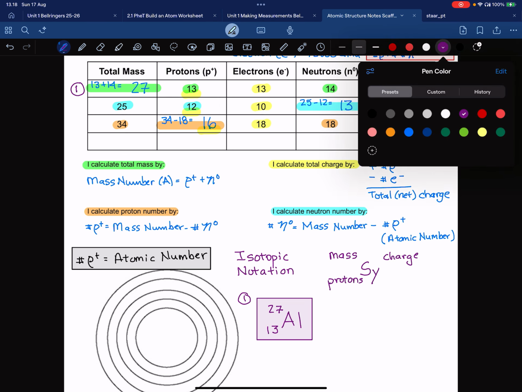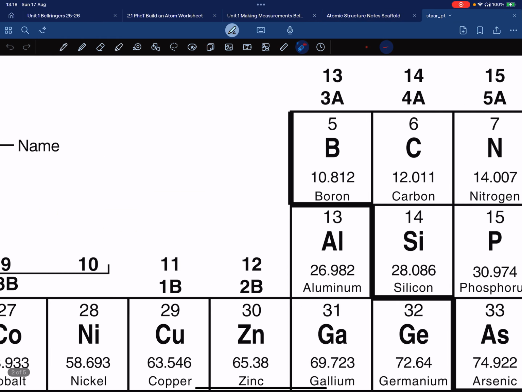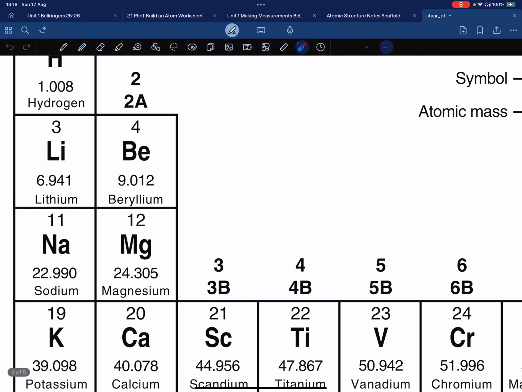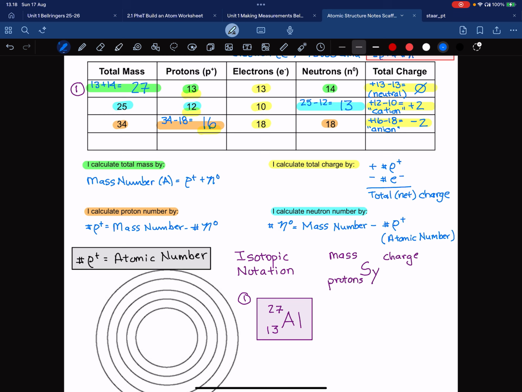Okay, second one. This has the protons of 12. So I'm going to look at the periodic table. The atomic number 12 is for magnesium. So I'm going to write Mg for magnesium. The mass is 25, so I'm going to put a 25 on the upper left.